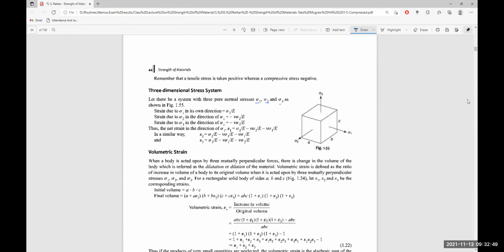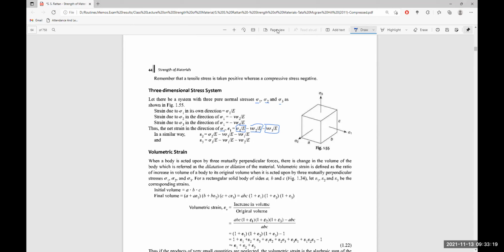So the net strain in direction of sigma 1 is given by sigma 1 by E, the longitudinal strain, minus nu into sigma 2 by E, minus nu into sigma 3 by E, the lateral strain along the direction of sigma 1. In a similar way, epsilon 2, the strain in the direction of sigma 2, and epsilon 3, the strain in the direction of sigma 3, are given by this equation.